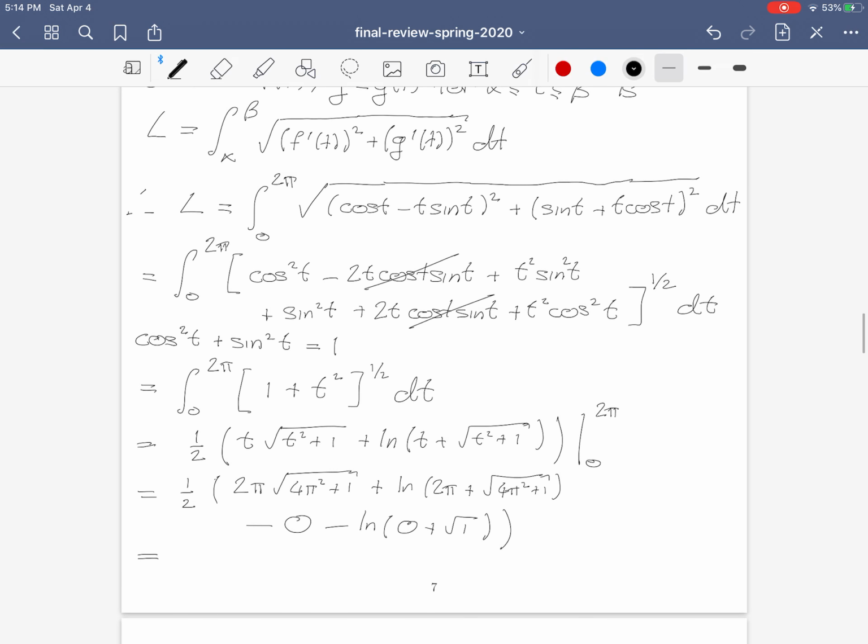And notice that this term here gives us 0. So what we're left with is pi times the square root of 4 pi squared plus 1 plus 1/2 ln of 2 pi plus the square root of 4 pi squared plus 1. And that's our solution.